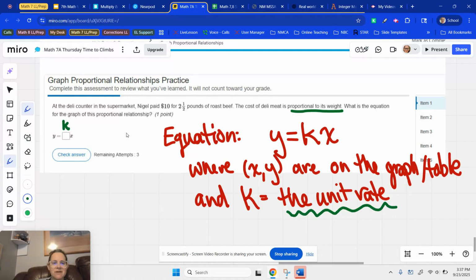Okay, it doesn't say find the unit rate, because they want you to realize that the proportional relationship equation will have the unit rate right there, always right there, the coefficient of the x. But let's go ahead and make this unit rate. So we know that $10 got him 2.5 pounds.